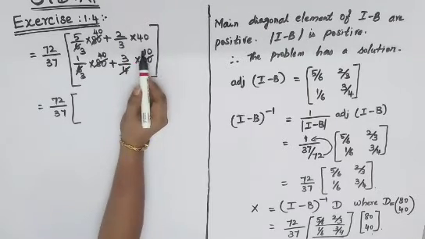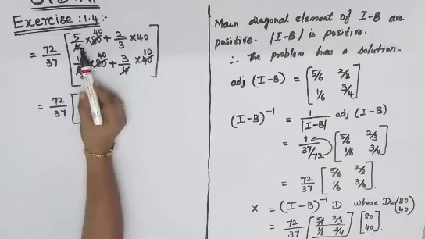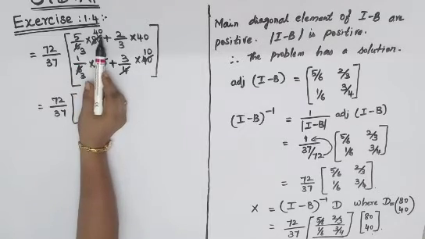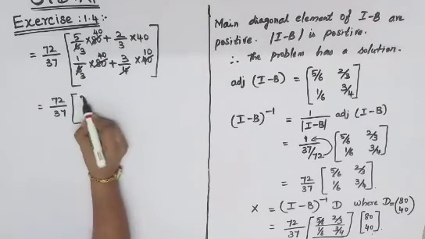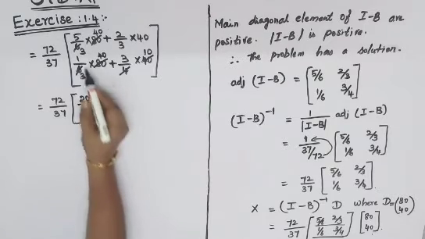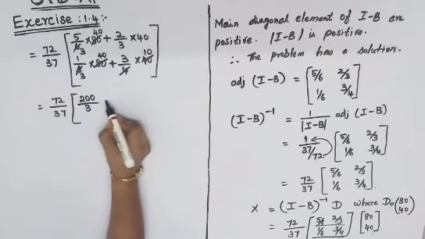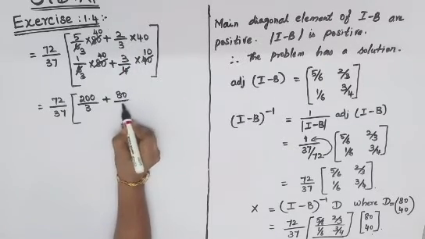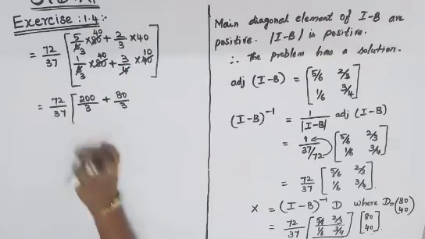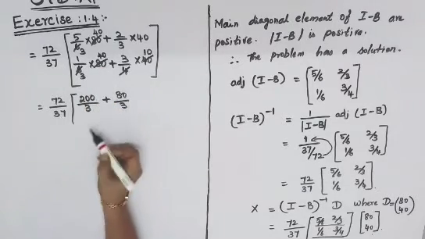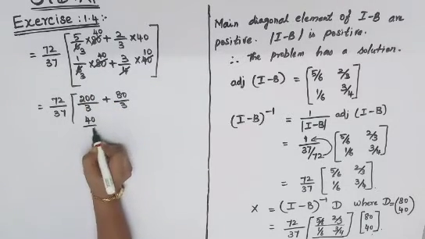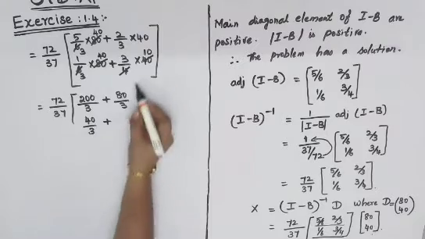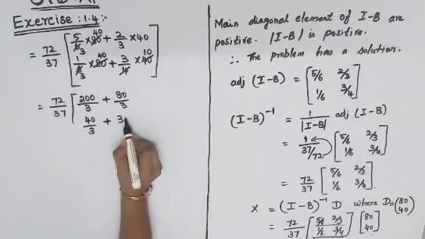So this you won't be able to cancel, so leave as it is. Now go for a normal multiplication. 5 into 40 you will get it as 200 divided by this 3 is there, so divided by 3 plus 2 into 40 is 80 divided by 3. So the next is, here we have got 40, so 40 by 3 plus 3 into 10, 30.